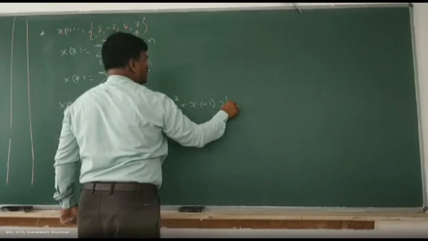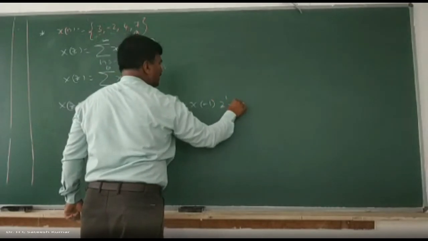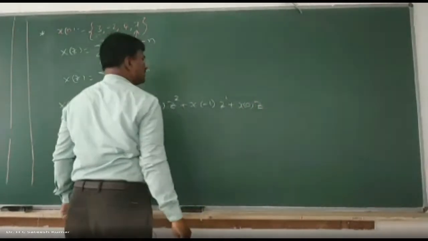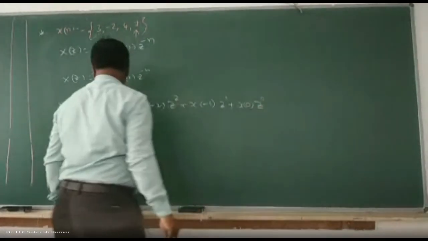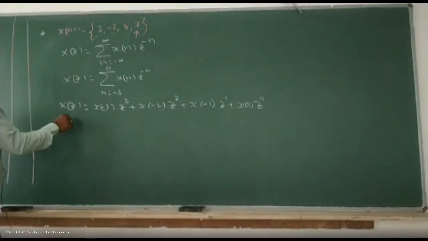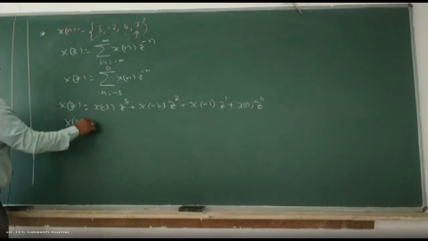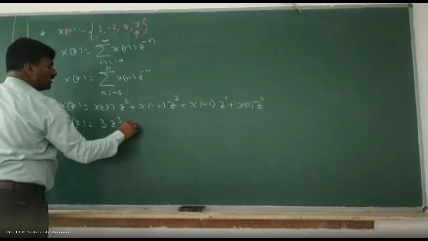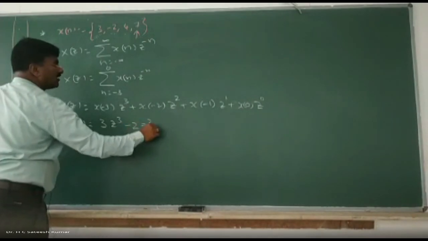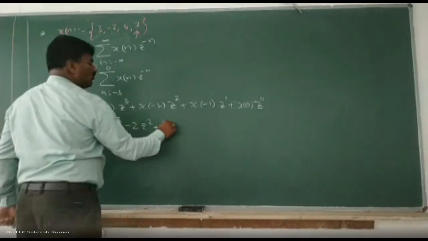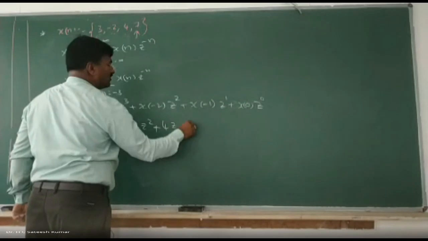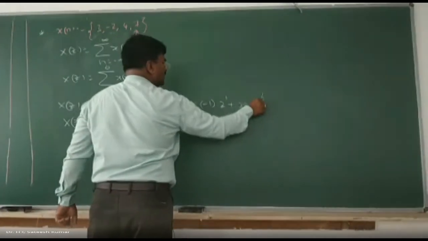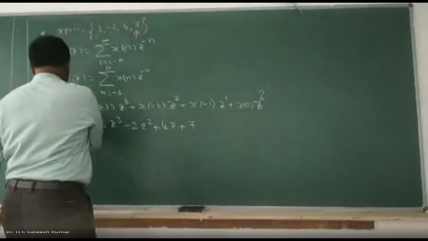Plus x of 0 into z to the power of 0. So X of z is equal to 3 into z cube, minus 2 into z square, plus 4 into z, plus 7 into z to the power of 0, which is 1. So this is the z transformation X of z.